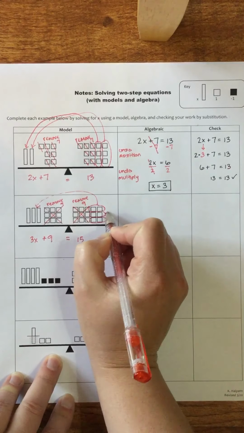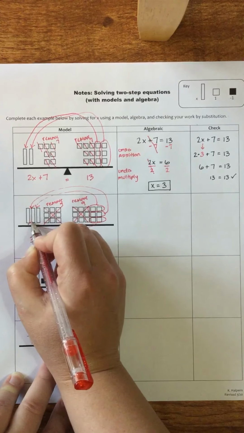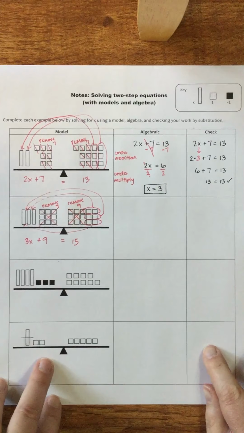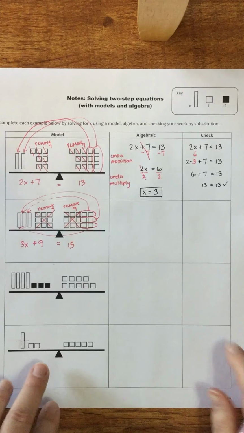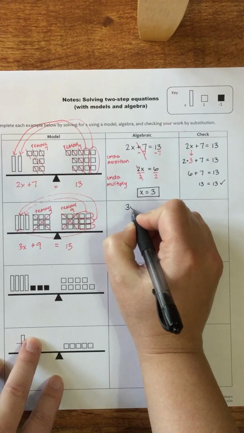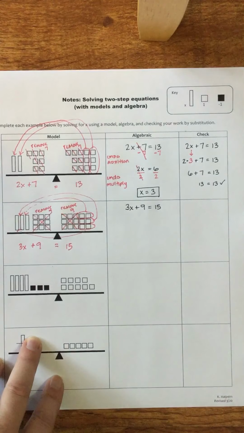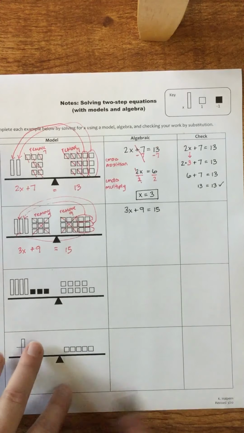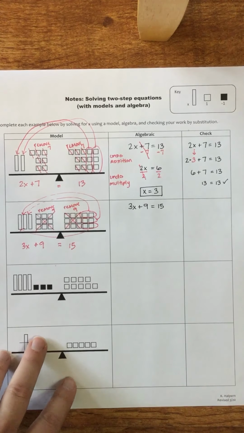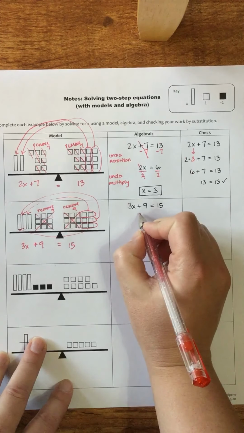Two for that variable, 2 for that variable, 2 for that variable. So I predict that each x is equal to 2. To verify this using algebra, the first thing that we undid was addition.